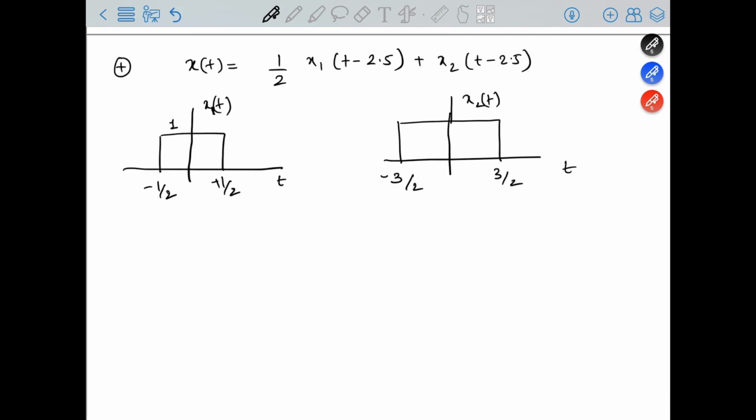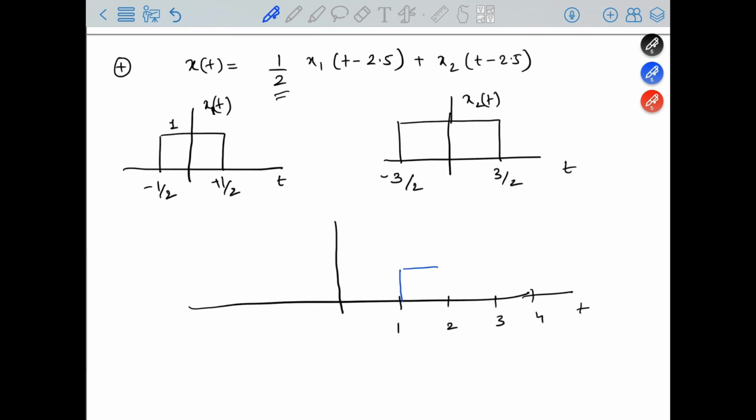Your x(t) is the linear combination of these two signals, also multiplied with some scalars. So the equivalent x(t) can be represented like this. So it will be 1, 2, 3 and 4. Your signal will be of this form. This can be easily deduced.